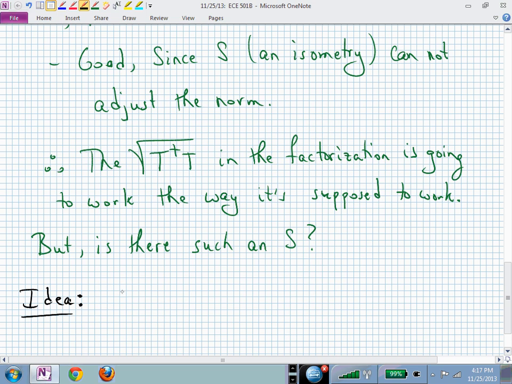The idea is we are actually going to create a piece of S, which we're going to call S sub 1, and that operator is going to take the range space of this positive square root of T dagger T into the range space of T itself.